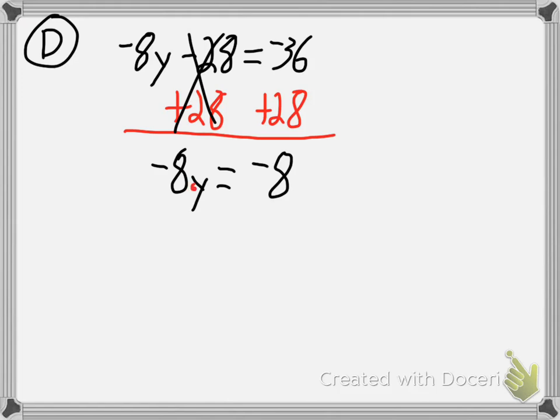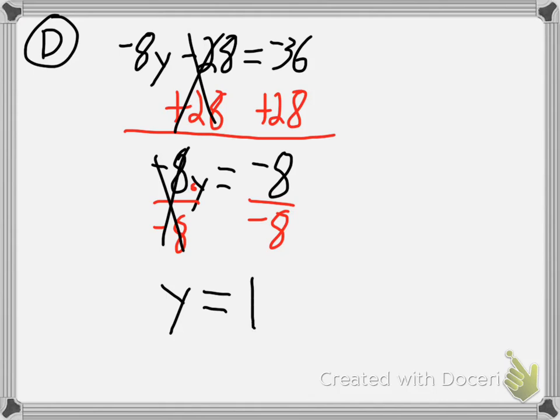So my operation is multiplication. I need to divide on both sides, and I'm going to divide by negative 8. On my left-hand side, negative 8 divided by negative 8 cancels out. I'm left with just y equals, and on the right-hand side, negative 8 divided by negative 8 is a positive 1. So I think y is equal to 1 here.